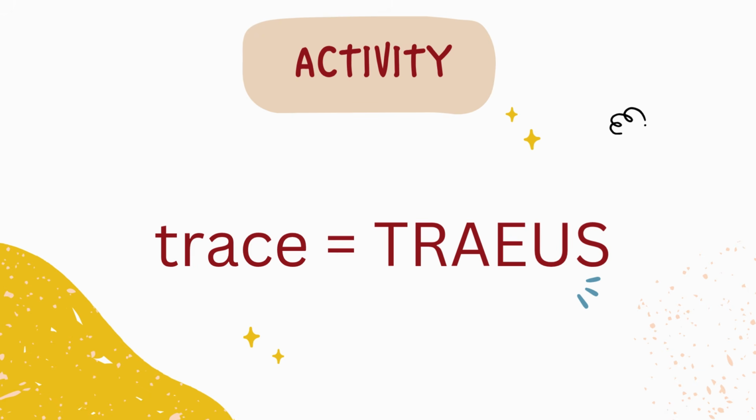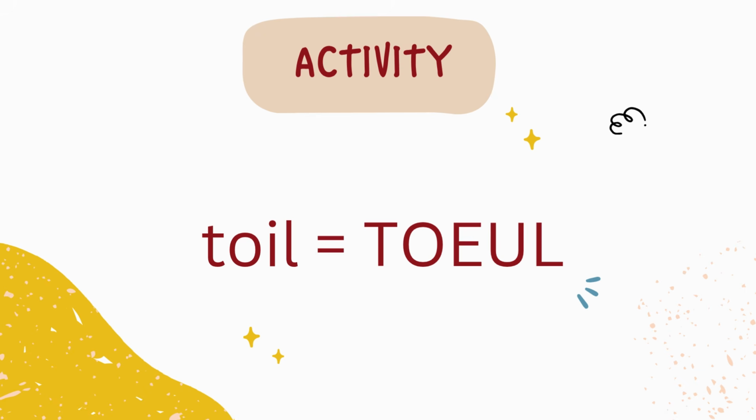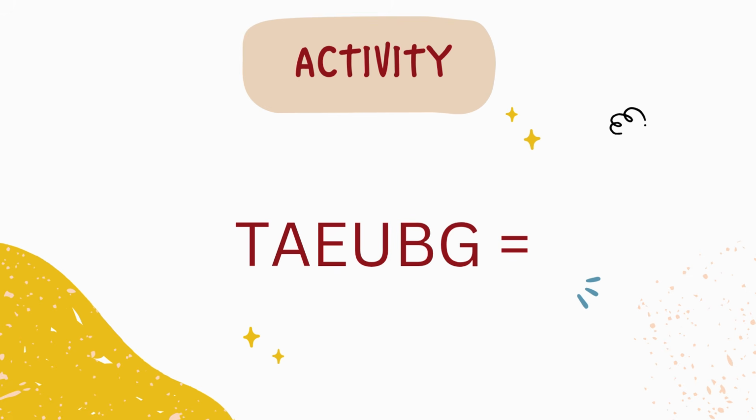We have initial TR, then long A, final S. And another activity is this one, toil. It's initial T, diphthong oi, and final L. Oh, this one I was able to separate. So this is an outline: initial T, long A, final K.